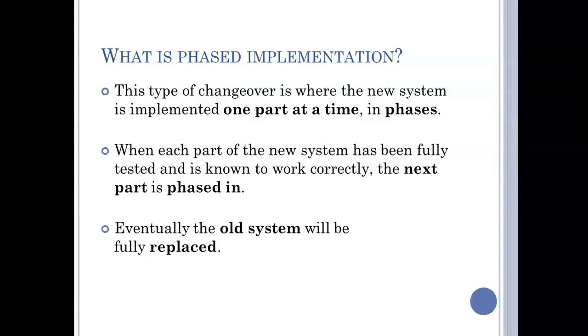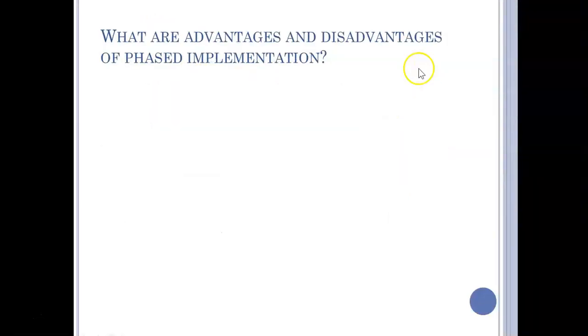So in that case, we'd have 50% of our business currently running on the new system and 50% still running on the old system. Then you'd introduce the next 25% and finally the last 25%. At that point, the old system will have been completely disregarded and the new system will be fully in place. So that is how phased implementation works.